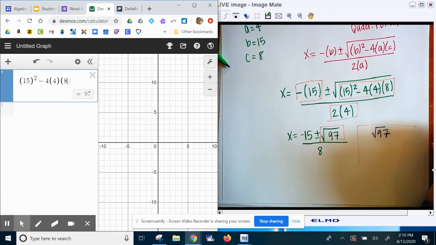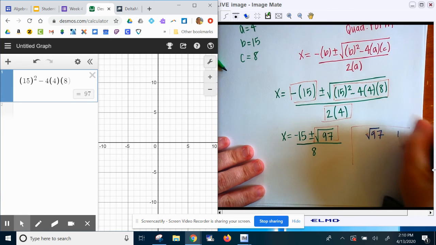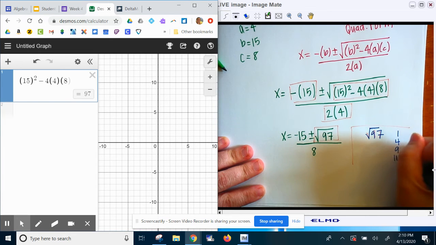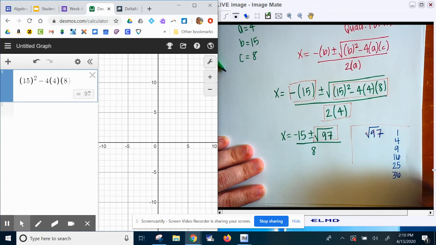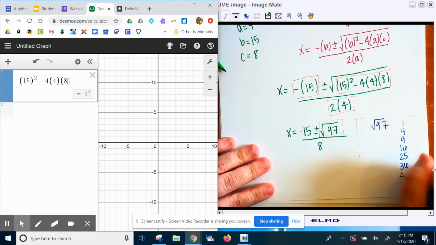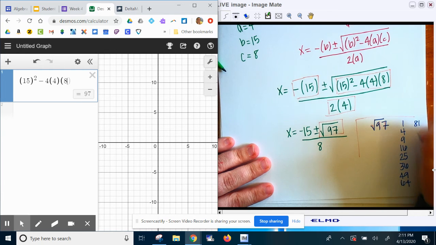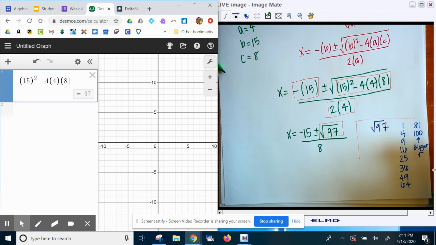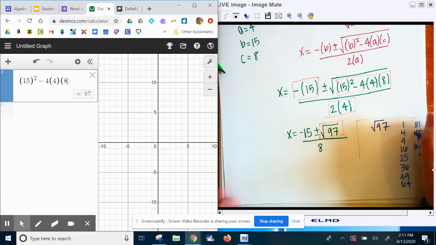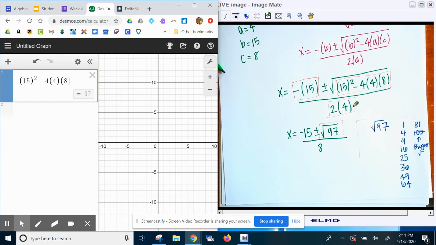So I need to list my perfect squares. 1 times 1 is 1, 2 times 2 is 4, 3 times 3 is 9, 4 times 4 is 16, 5 times 5 is 25, 6 times 6 is 36, 7 times 7 is 49, 8 times 8 is 64, 9 times 9 is 81, 10 times 10 is 100. I could stop here because it's bigger than my square root. If the 100 is bigger, I know it can't fit into it evenly, so it's off my list.